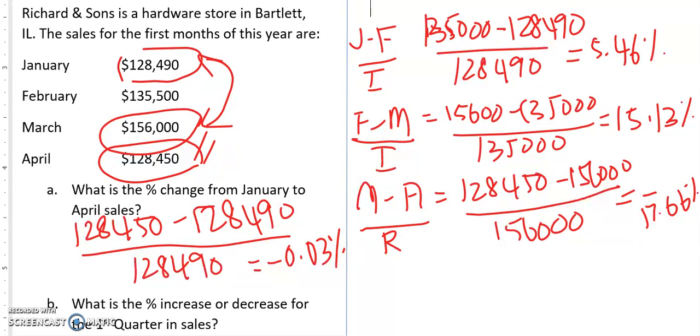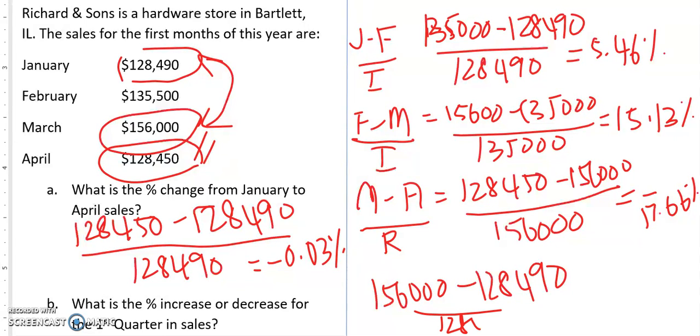Those are the only numbers I have. So for March it is 156,000 minus, for January it is 128,490, divided by 128,490, and that comes to a whopping 21.41%. So this will be my increase for first quarter in sales.